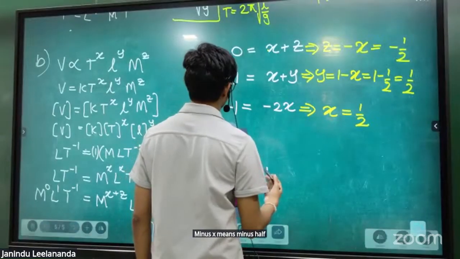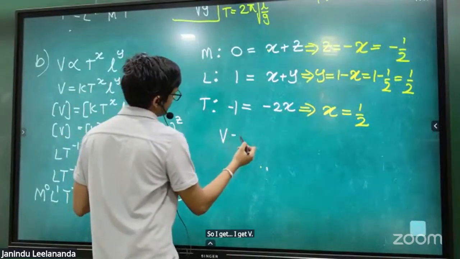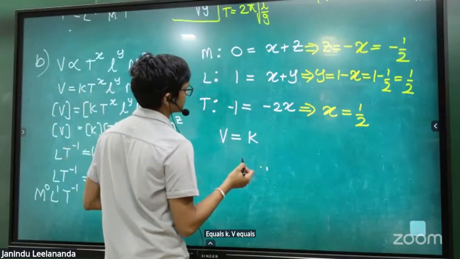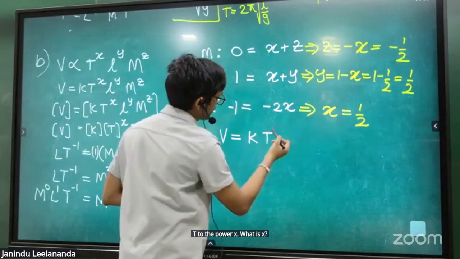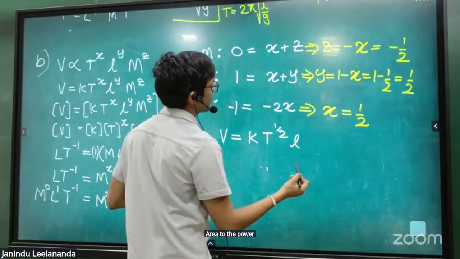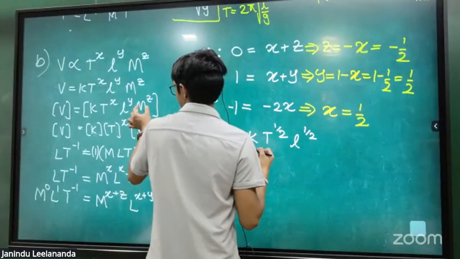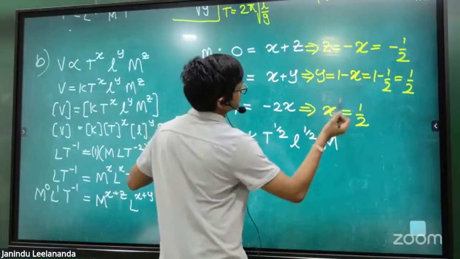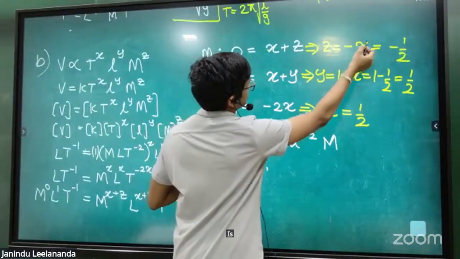So I get v equals k t to the power x. What is x? Half. L to the power y. What is y? Again half. Then m to the power z. What is z? Z is minus x. That means minus half.